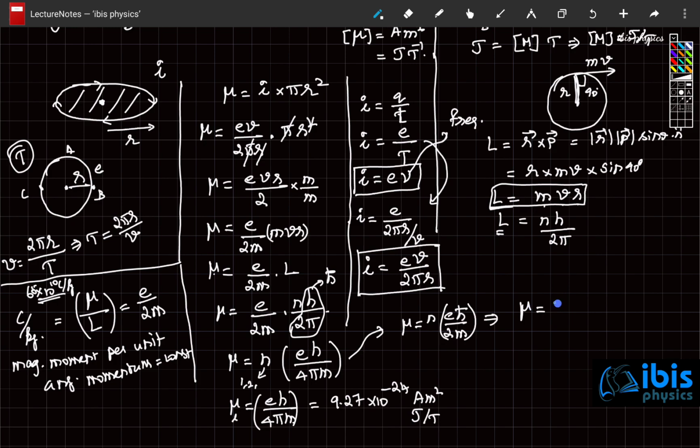So in general, the magnetic moment is equal to n times mu B, n times Bohr's magneton.